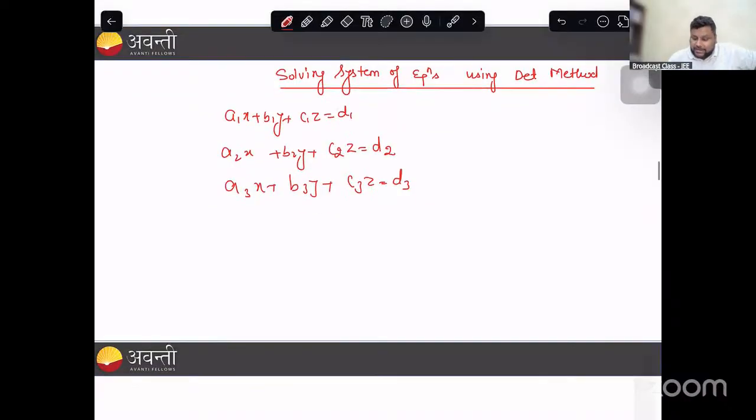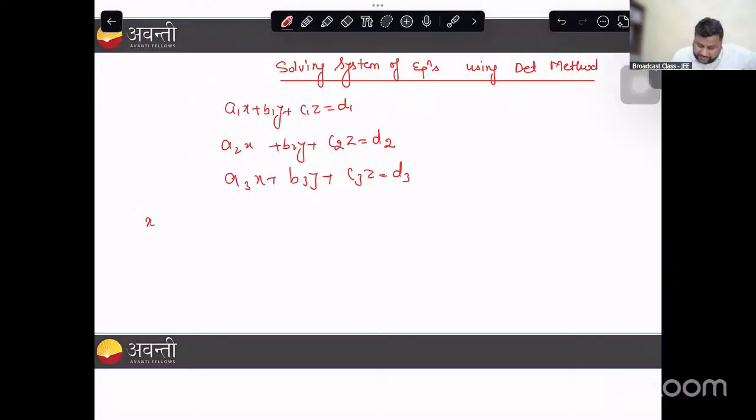If you remember, I have told you we find x as delta x by delta, y as delta y by delta, and z as delta z by delta.